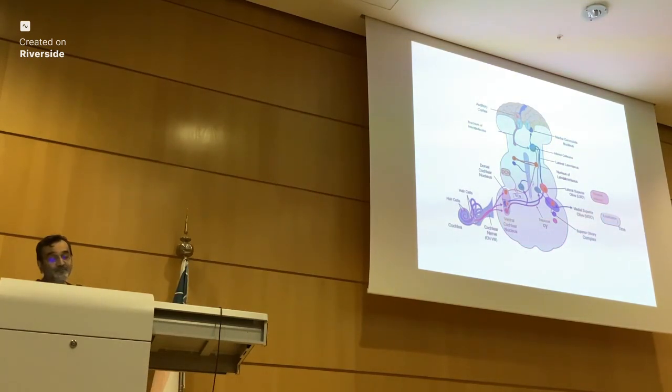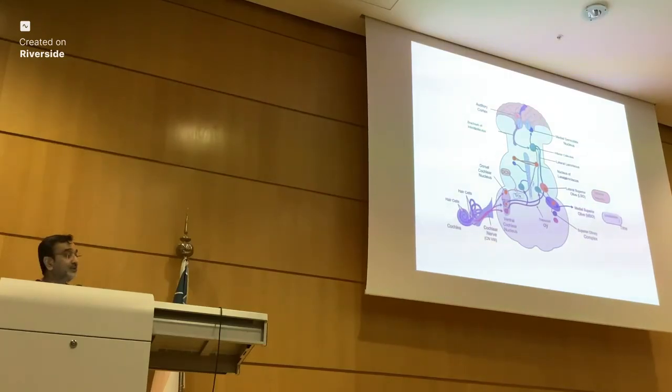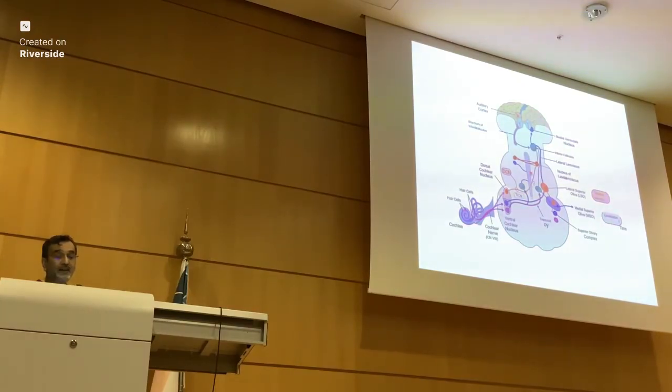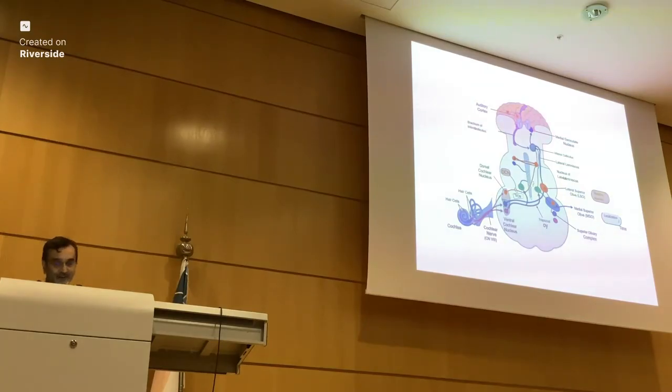The ventroposterior cochlear nucleus is going to give the intermediate acoustic stria, which is going to cross the midline. It is going to go all the way up with the lateral lemniscus to the inferior colliculus, and from the inferior colliculus to the medial geniculate body, and then to the cortex.